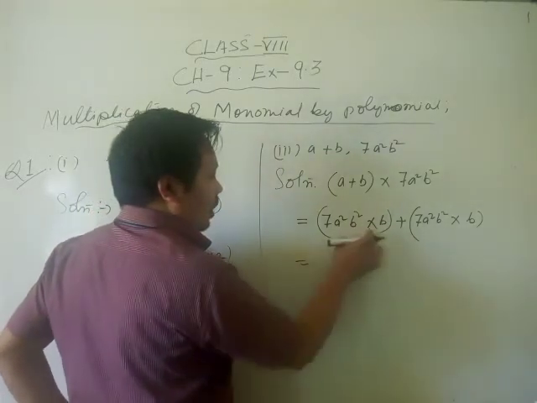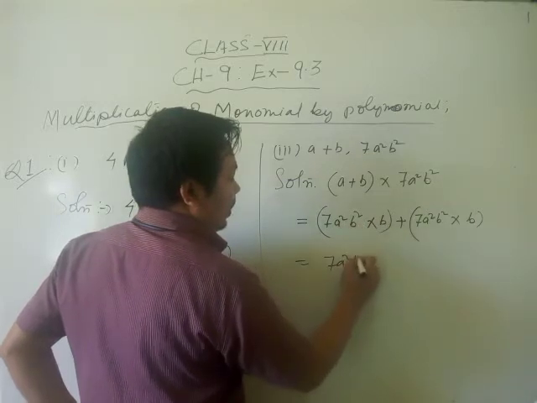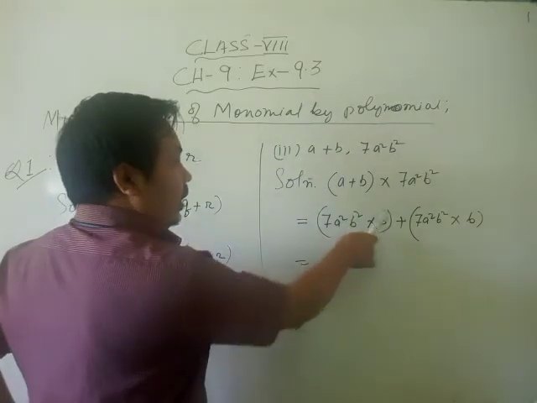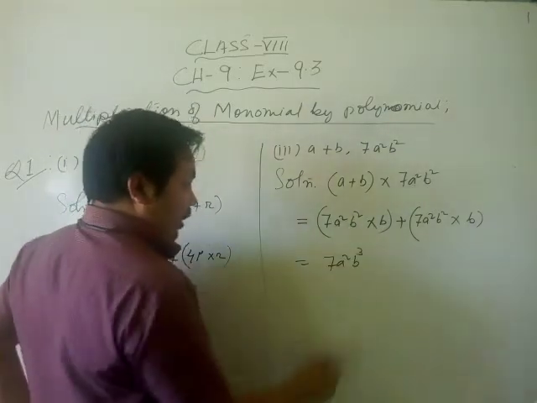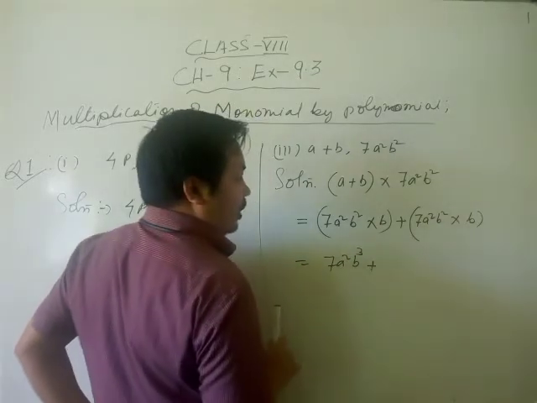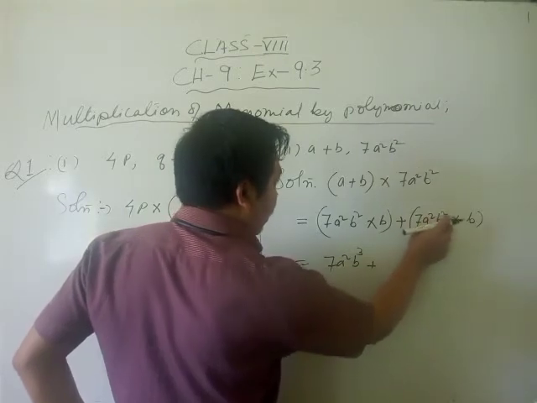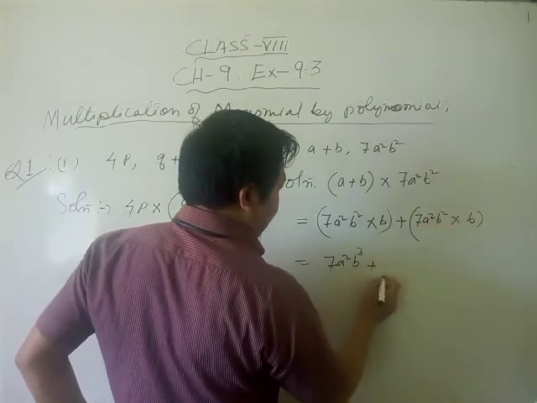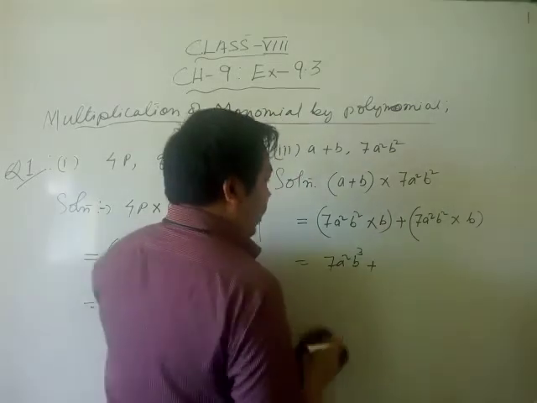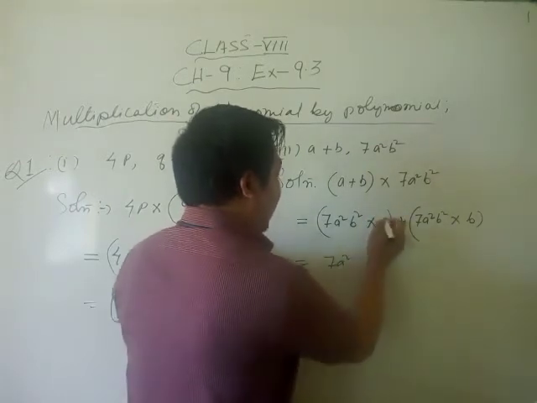Then let us see how much we are getting here. The first one we are getting here is 7a squared b squared. Just hold on, I made a mistake here. This is not b, this one should be a.